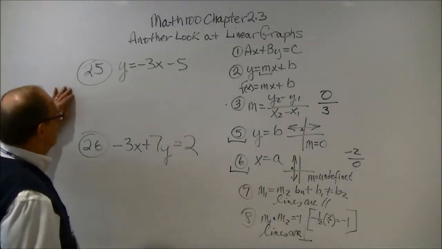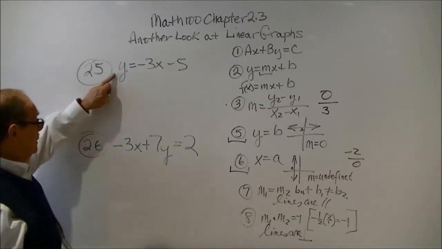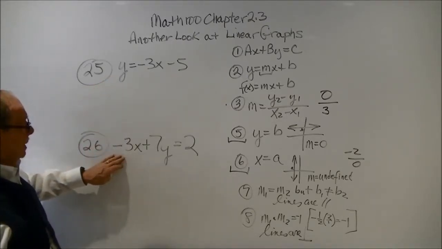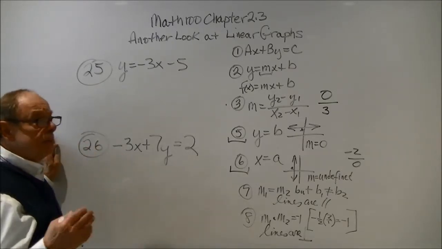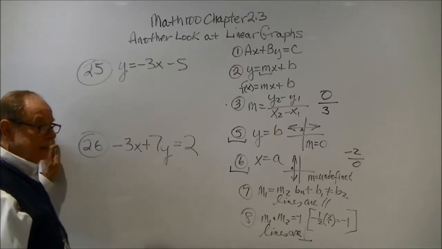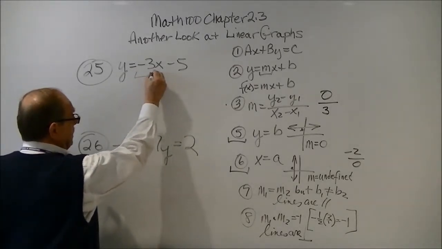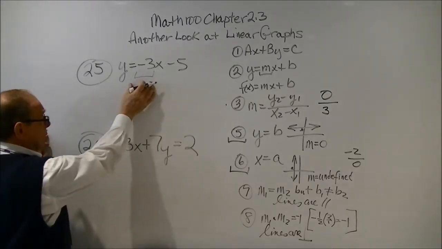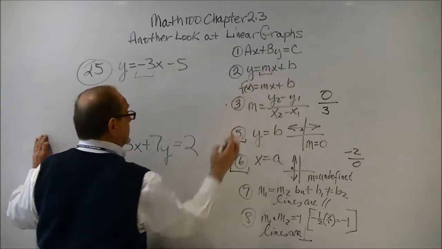Okay, in these now, they want us to find the slope of the original equation, and then what would be the slope of a line perpendicular to that. So as we look at this, it's easy to pick out the slope when it's in slope-intercept form. It's what's before the x.